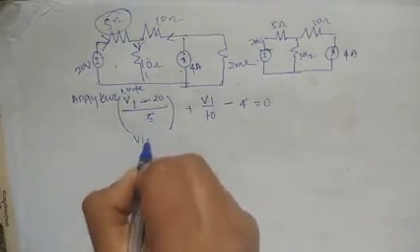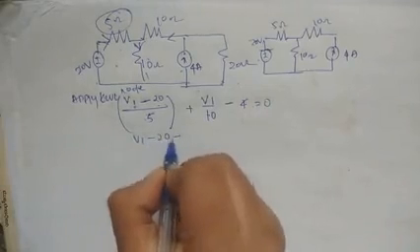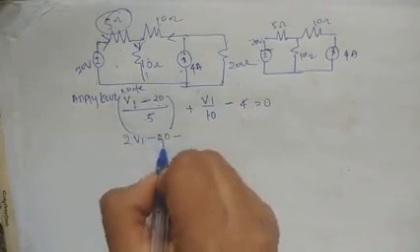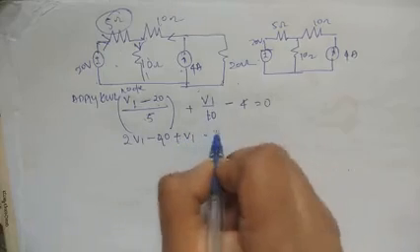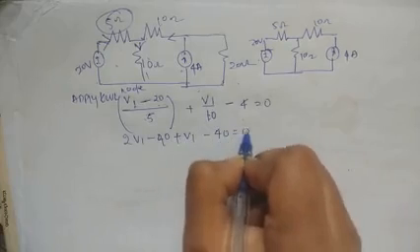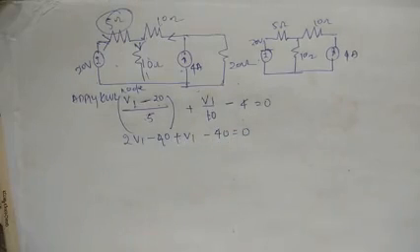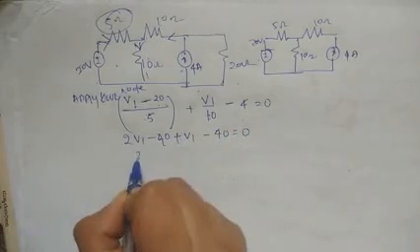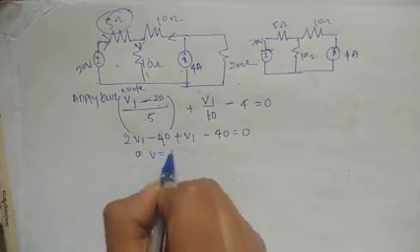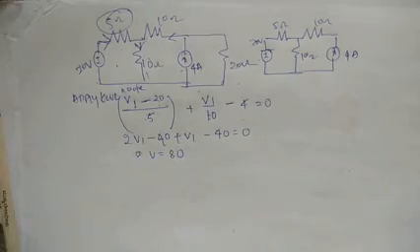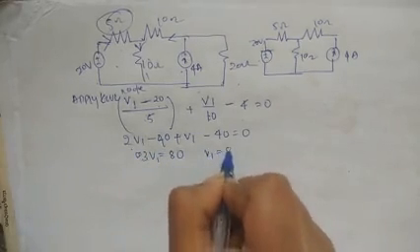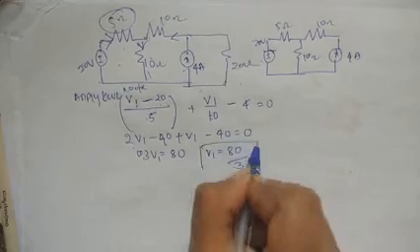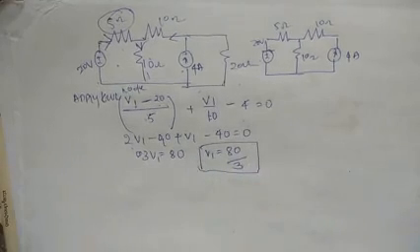Find V1 minus 20 into 2, into 4 is the LCM, plus V1 minus 40 equals 0. Right? V1 equals 80 by 3. That is your V1 value.